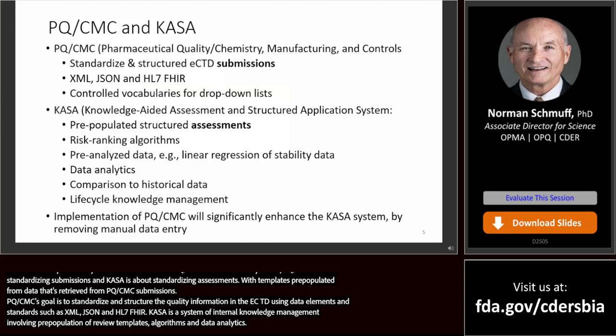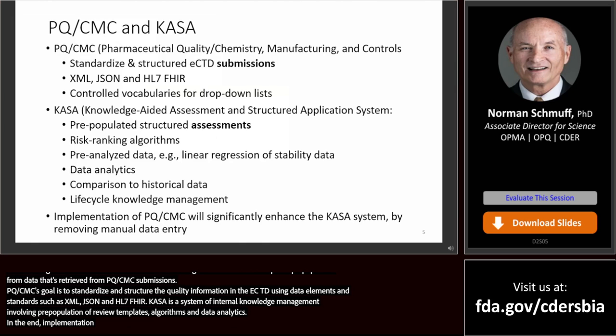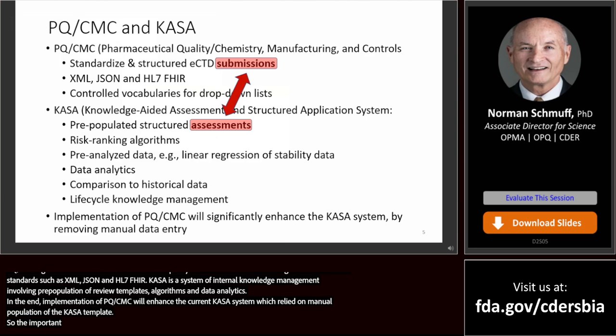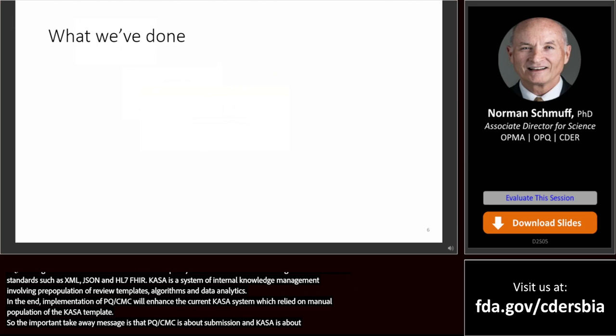In the end, implementation of PQCMC will enhance the current CASA system, which relies largely on manual population of the CASA template. So the important takeaway message is that PQCMC is about submission and CASA is about assessments.